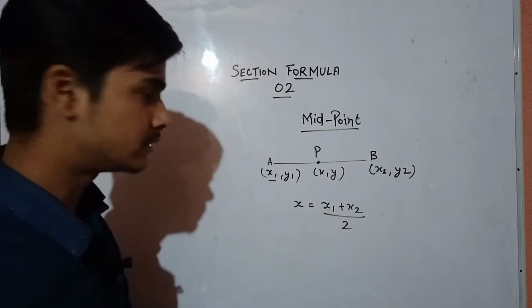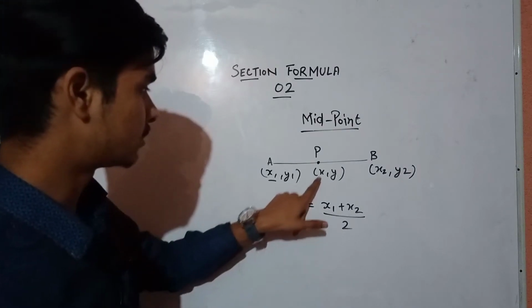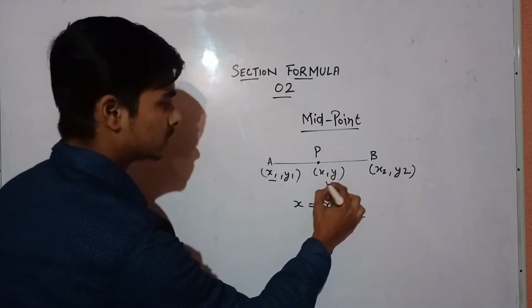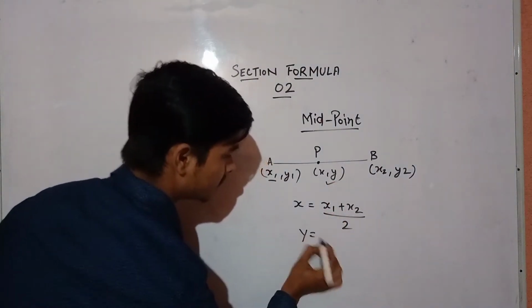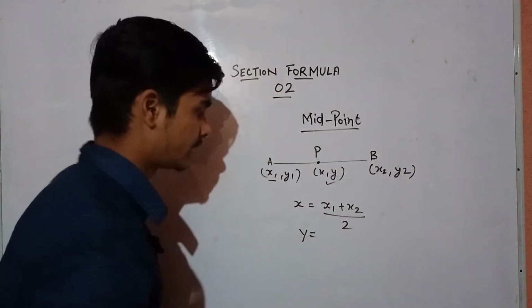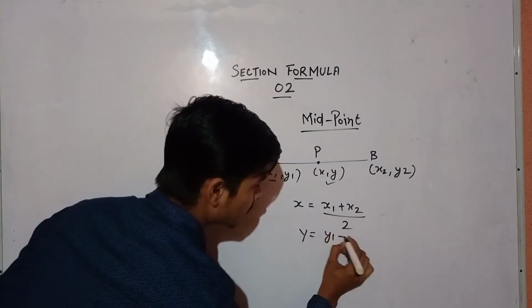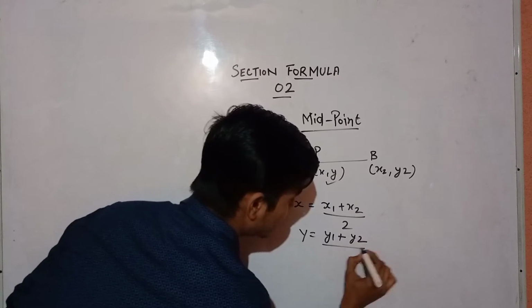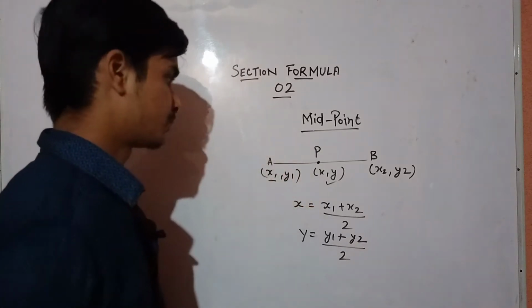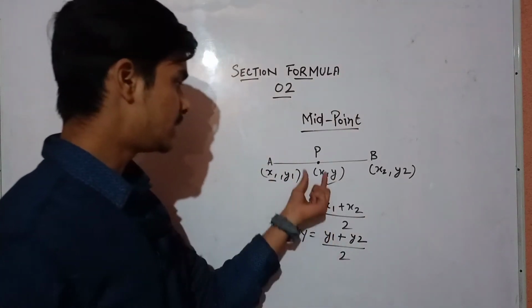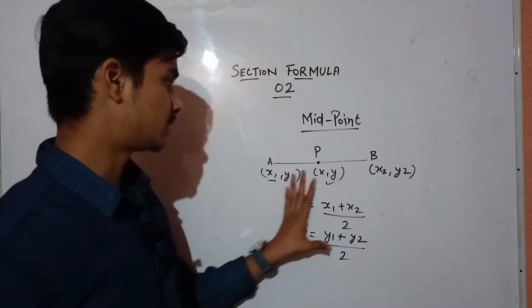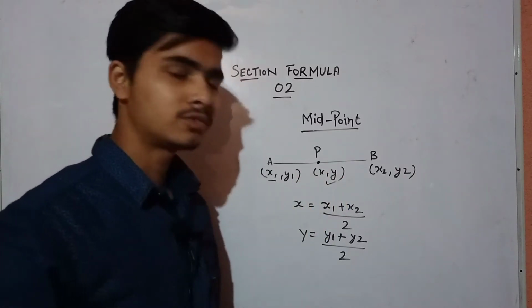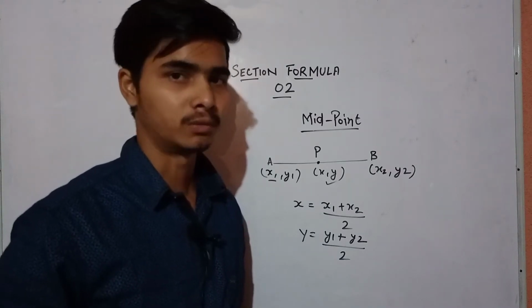In this way you will find the x coordinate of this point P. Now to find the y coordinate you do the same thing for y. You take the y coordinate of point A and the y coordinate of point B, and divide by 2. In this way you will find the x and y coordinate of this point P. So note down this formula, it is a very important formula.